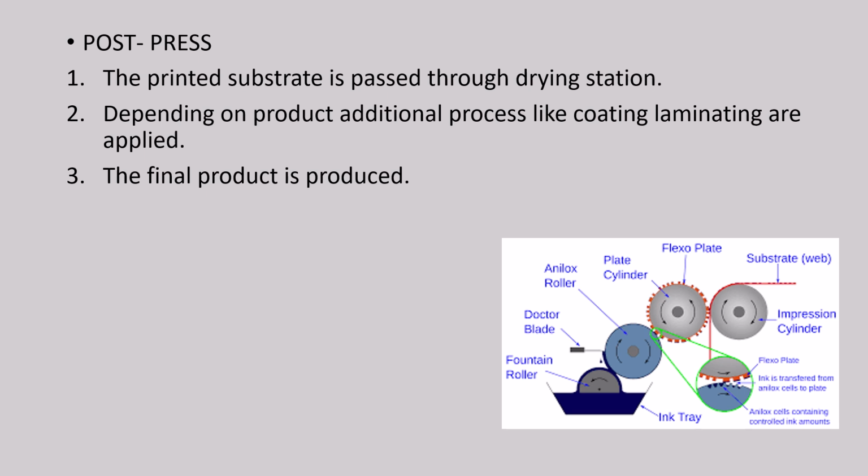The next roller, which is the plate cylinder, contains the flexographic plate. The flexographic plate has the image which is to be produced on the substrate. Now see, the plate roller moves in an anti-clockwise direction, but the anilox roller moves in a clockwise direction.